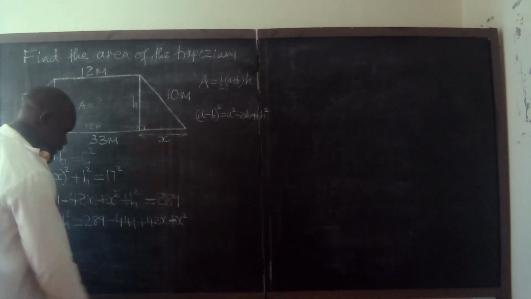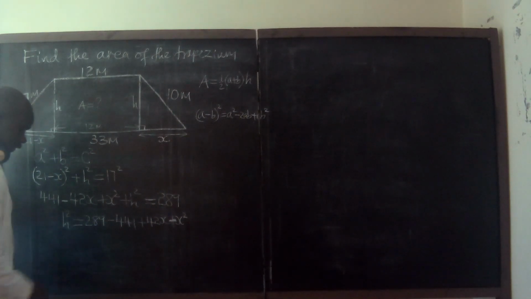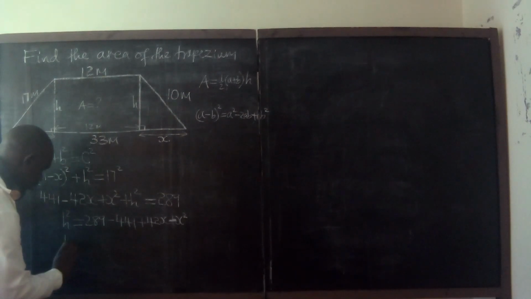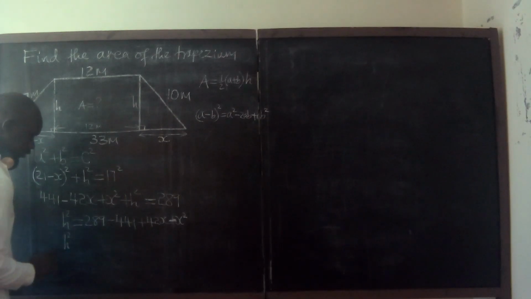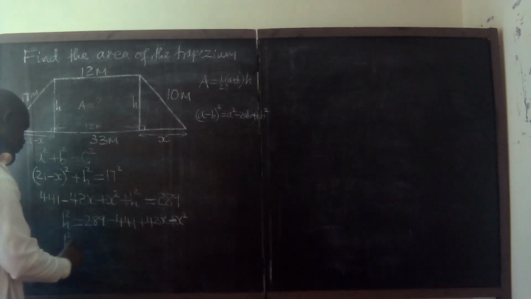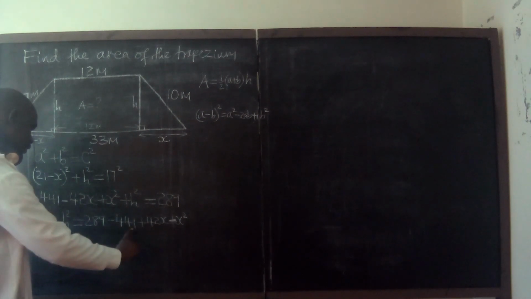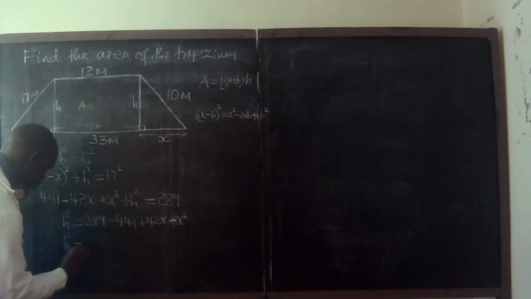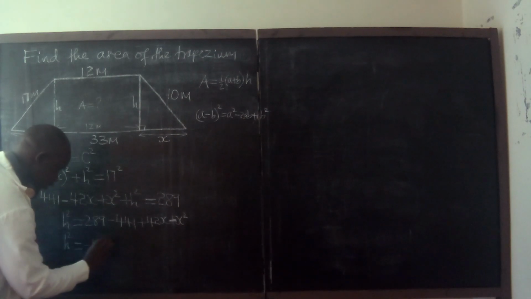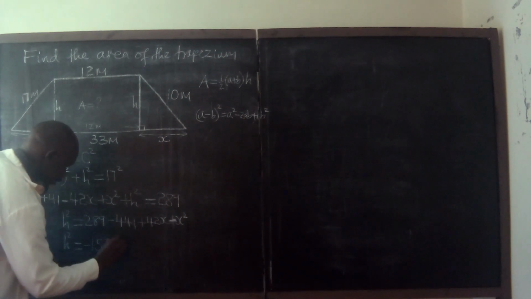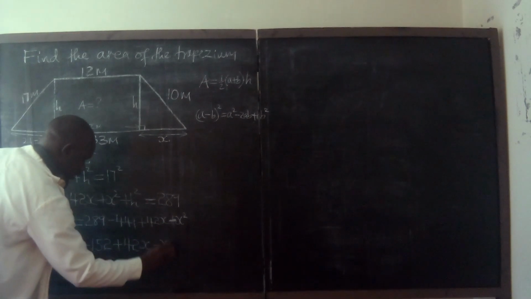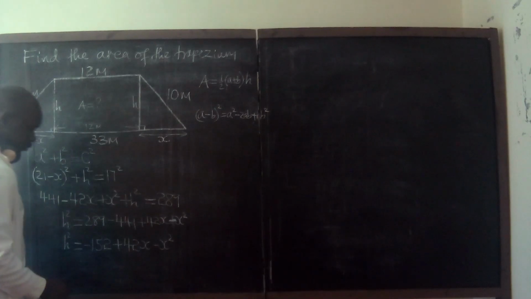If we work this out, I have h squared equals, 289 minus 441 is minus 152, plus 42x minus x squared.